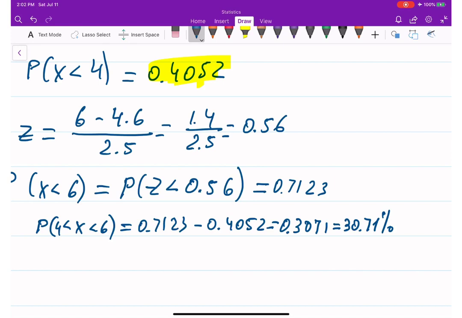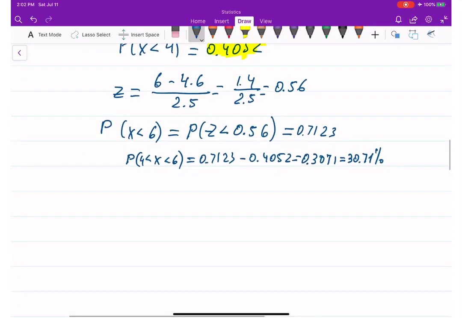So, and the last question, question C. Find the probability that x is more than 8. Okay.